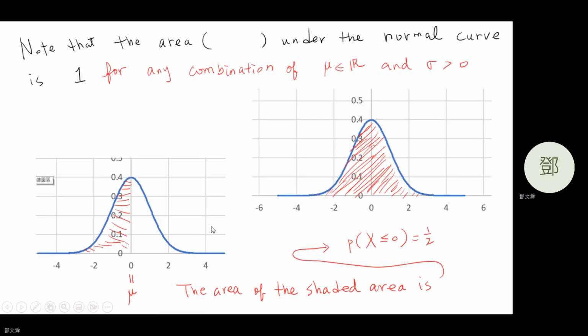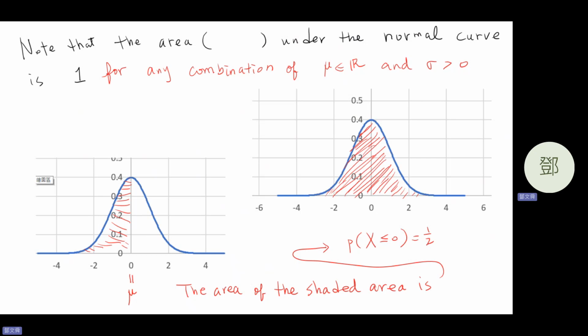Okay. Now, note the area, this is the shaded area, the area in red shade. Suppose that the total area under the normal curve, from far left on the real line to the far right, is 1.